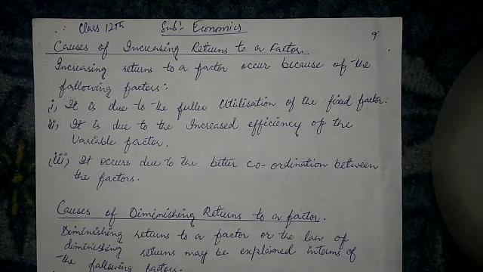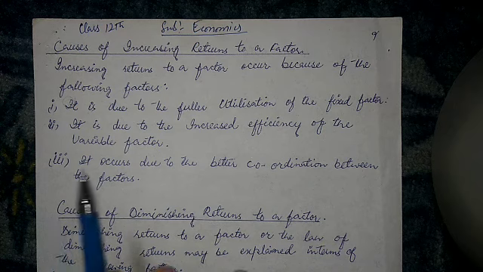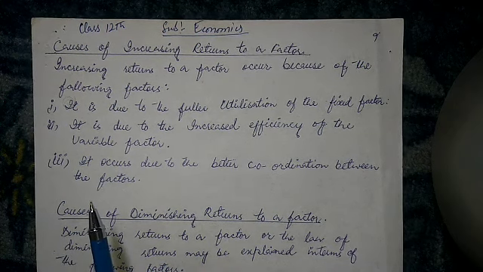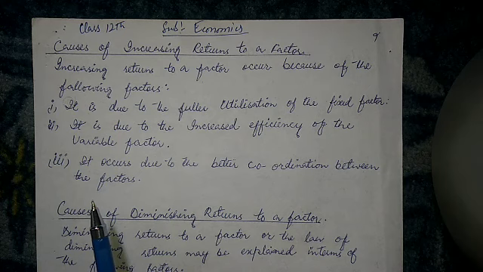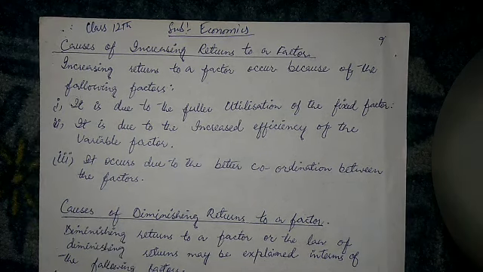Its fuller utilization calls for greater application of the variable factor, that is labor. Hence, initially, each additional unit of the variable factor adds more and more to the total output, or the marginal product of the variable factor tends to increase.